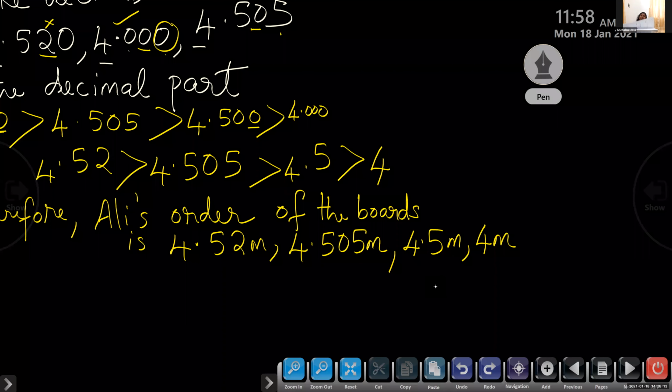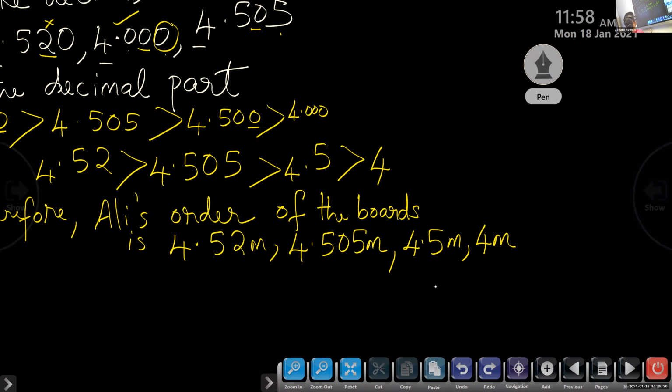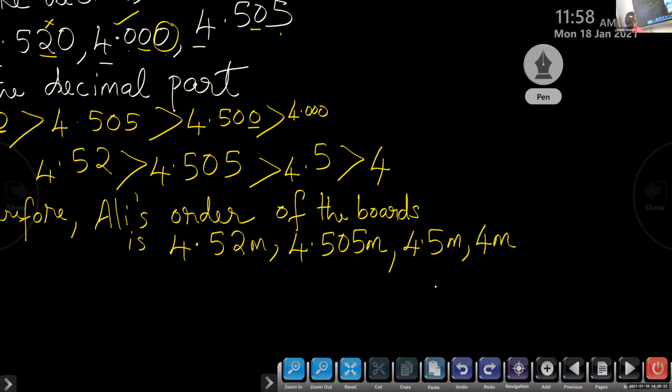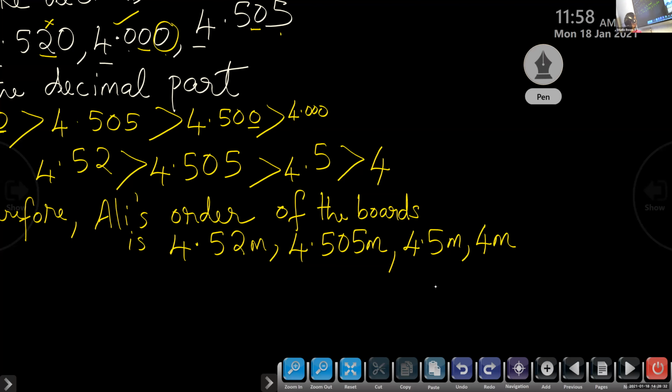So children, the vice versa order is also possible, but if we see this order, it is from the largest or longest to the shortest. From the smallest, we can read it as 4 meter, 4.5, 4.505, 4.52.